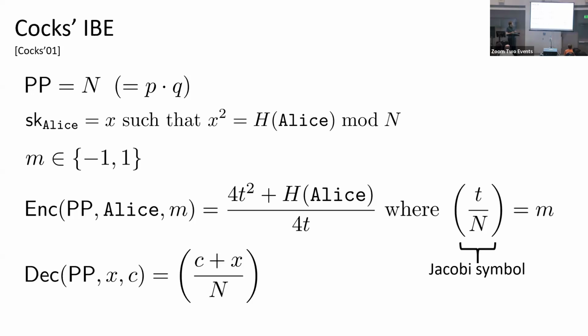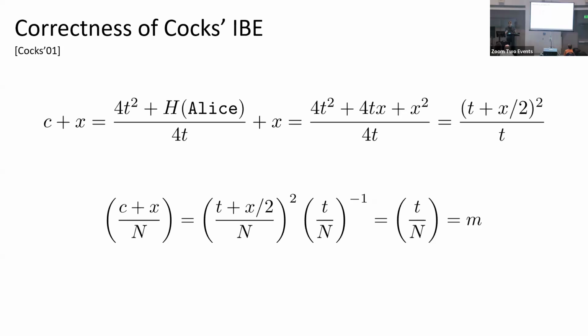Okay, so I'll just briefly describe why this works. For c plus x, we plug in what c is: (4t squared plus h of Alice) over 4t, plus x. By rearranging things and using the fact that x is a square root of h of Alice, we can write c plus x as (t plus x over 2) squared, over t.